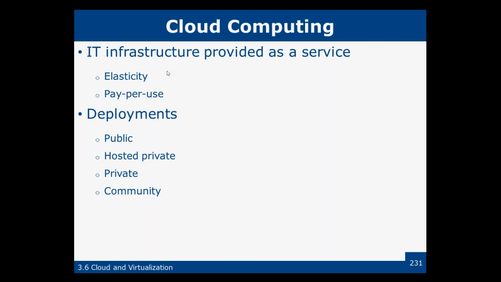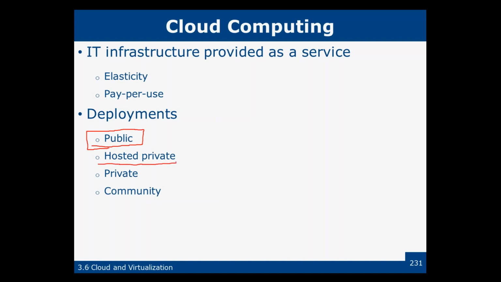There are a number of providers in the cloud computing world out there. This one is the types of deployments. We have public, which means that you can be on a cloud with other users.